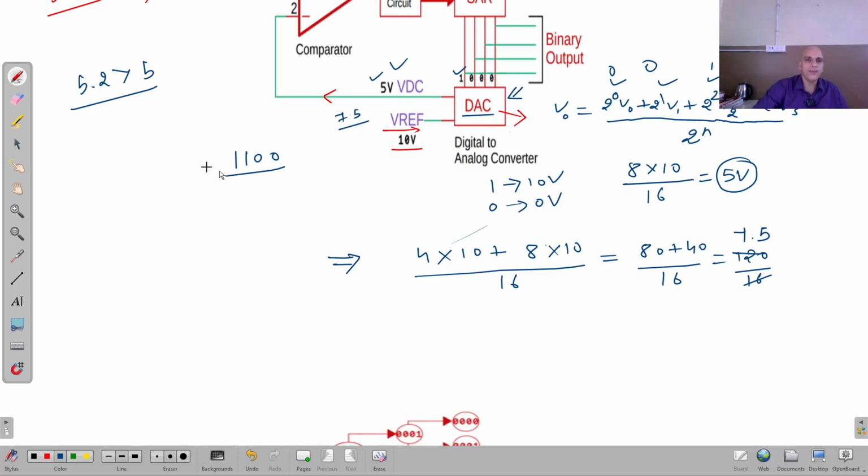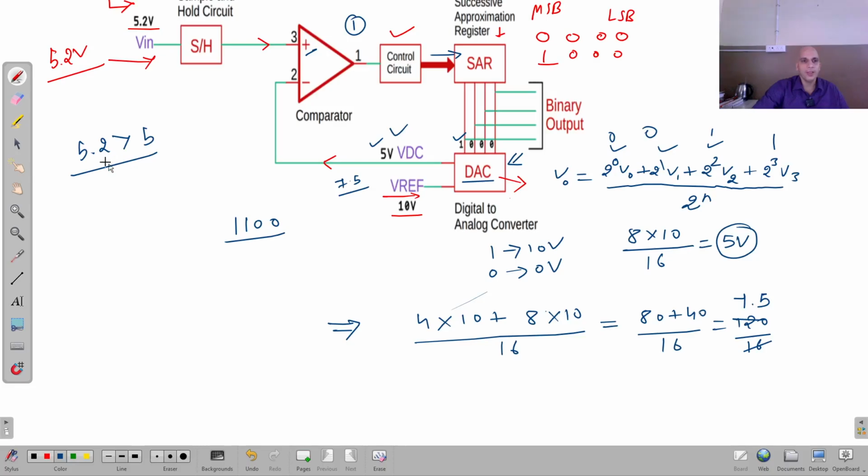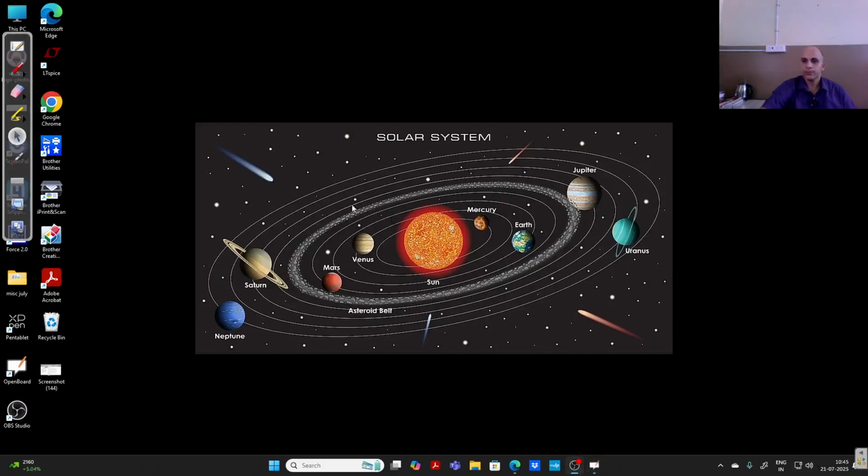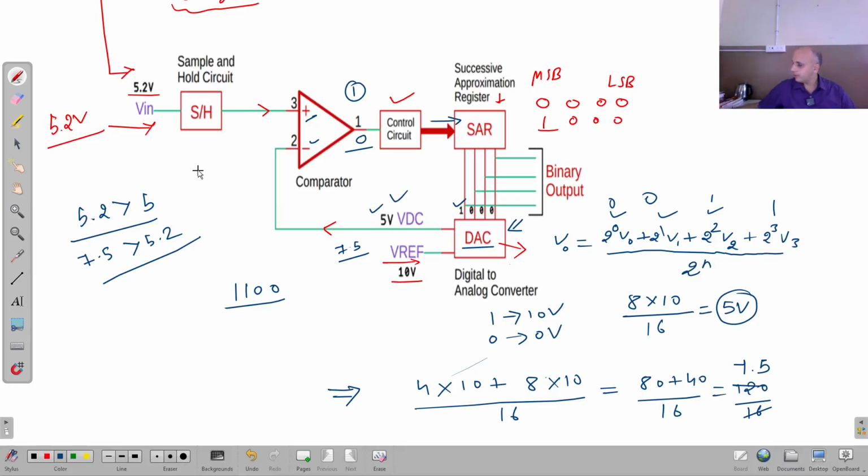So when this 7.5 goes here, obviously 7.5 is more than 5.2. Now this input is high, so the output will become low, right? As I told you, 7.5 volt is higher than 5.2 volt.